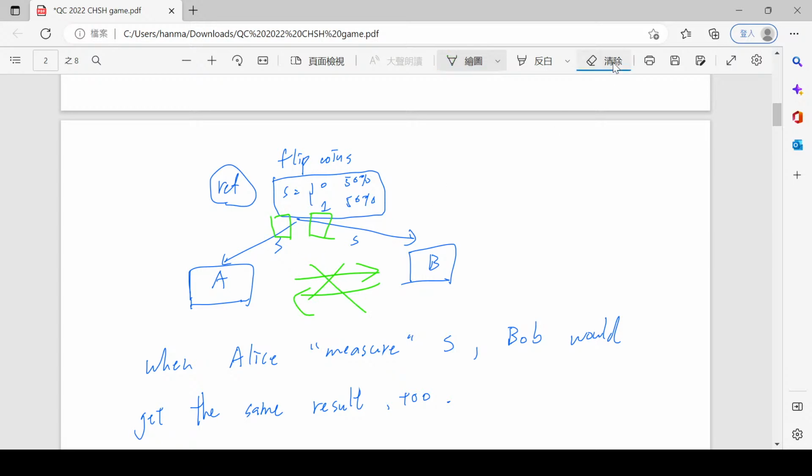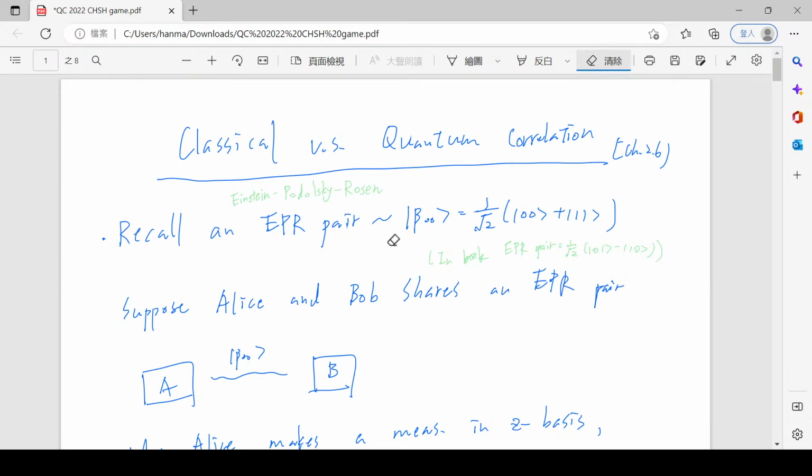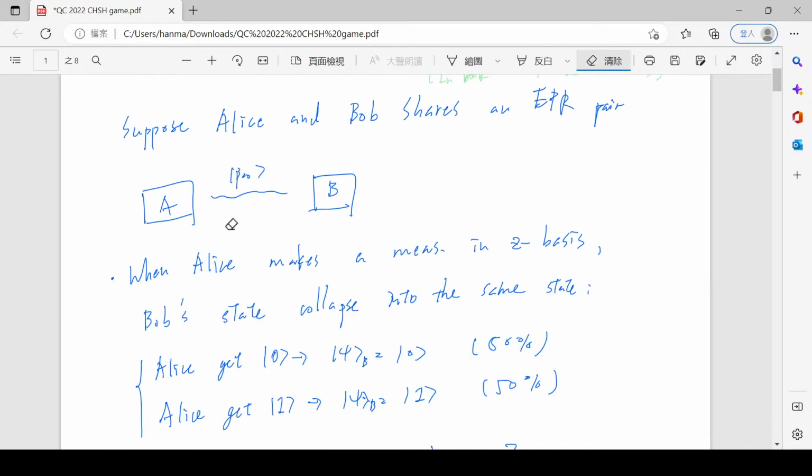The only correlation they have is, if they are classical, some shared randomness pre-shared beforehand, or some entanglement they pre-shared beforehand. So that's what's local. Alice needs to do her things on her local side, and Bob needs to do his thing on his local side, and there is no communication between them.